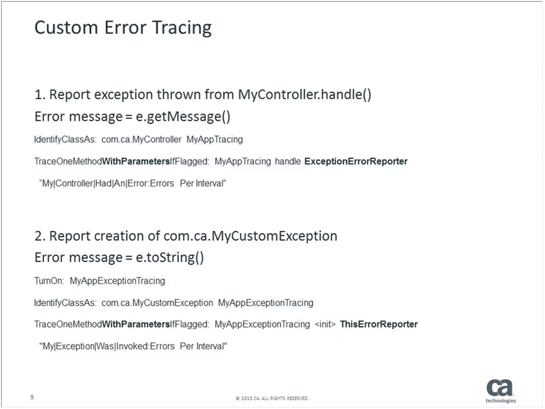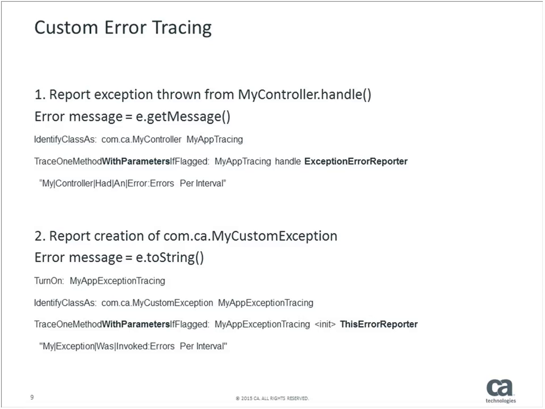The second use case is you have a custom exception in your application and you want to know when your exception is thrown, when your exception class is instantiated. For this, we also have a solution and the code is below.